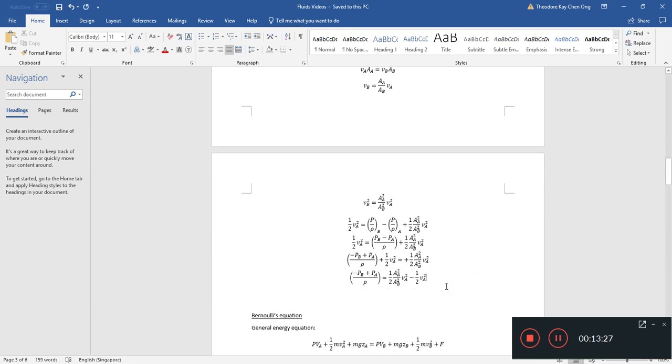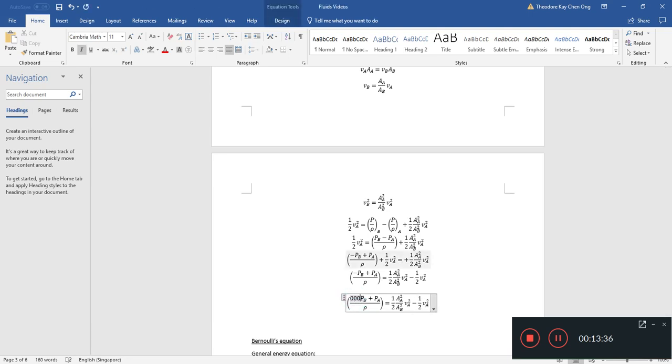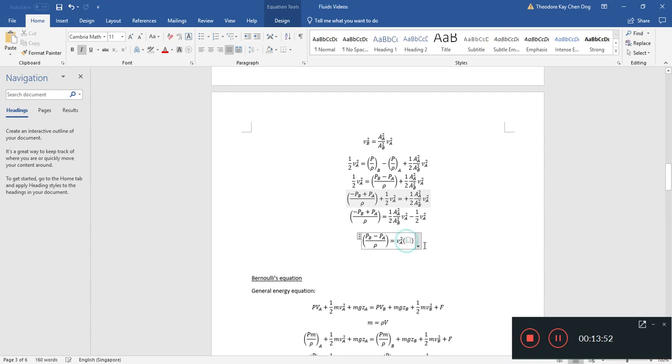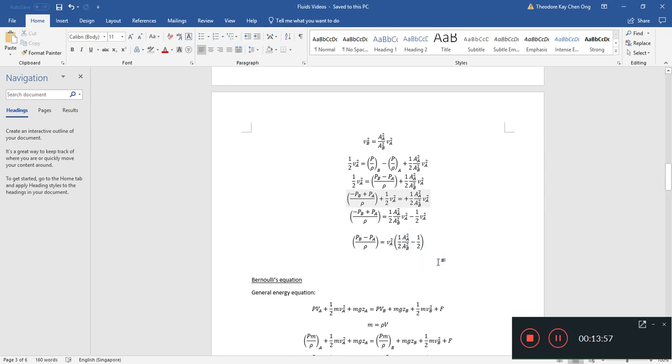All right, so it looks pretty simple. And now I'm going to factorize this VA square out. I'm going to copy, cut and paste it here, and get rid of this. We're almost there. So I'm going to rearrange by dividing throughout by this factor on the right, whatever this junk is.